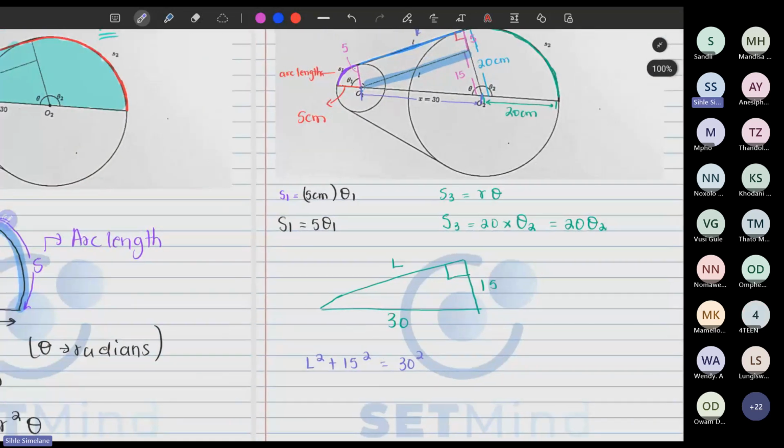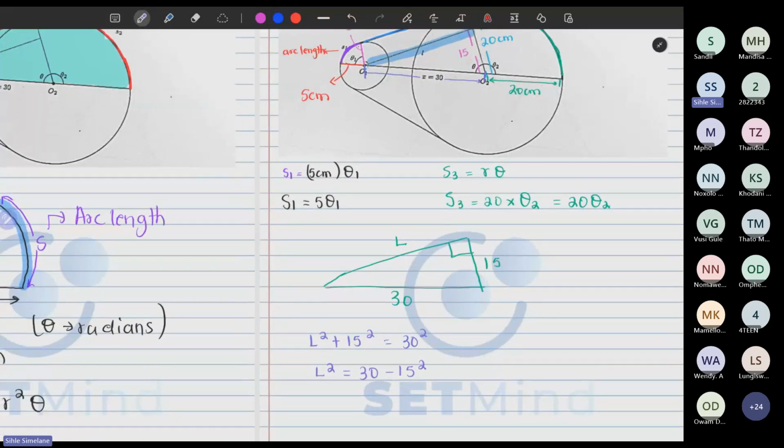So if you quickly transpose, you will see that our L squared will simply be 30 squared minus 15 squared. And then our L will simply be the square root of 30 squared minus 15 squared.